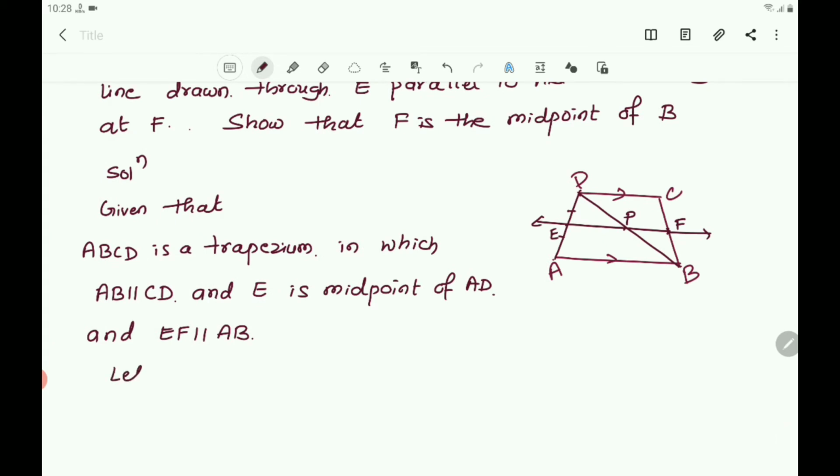Let P be the point of intersection of DB and EF.